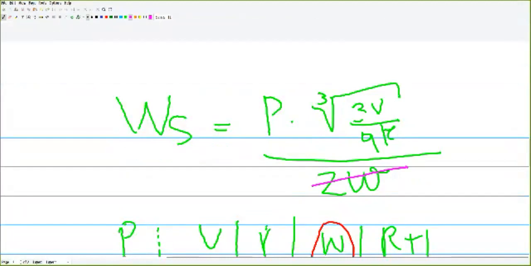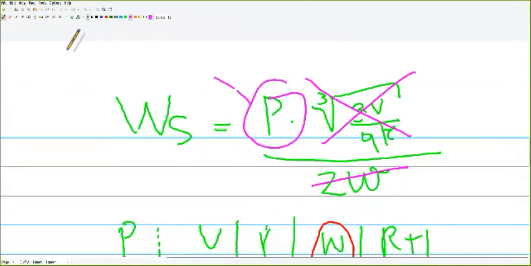Volume is a number, right? And we take the cubic root, so it's negligible. So what has the most power in changing the wall stress is pressure. And we're going to see what pressure does on our heart.